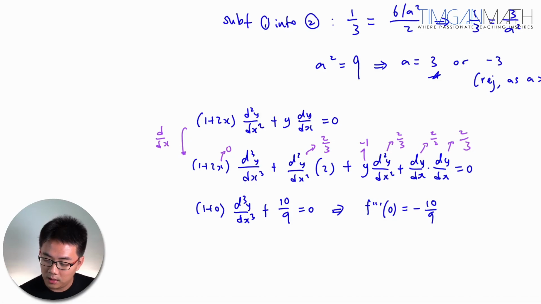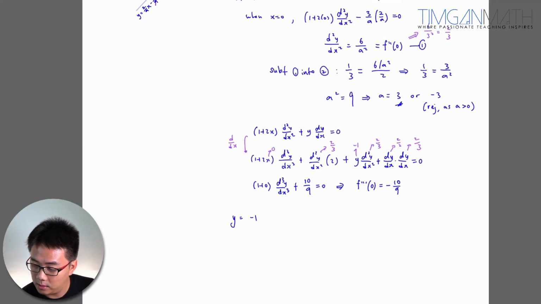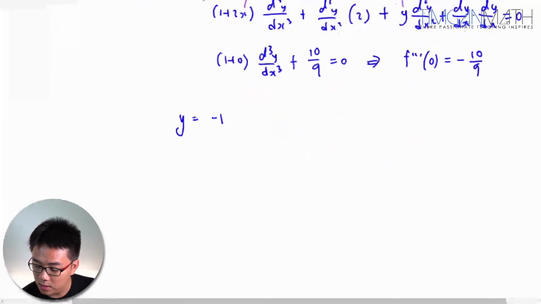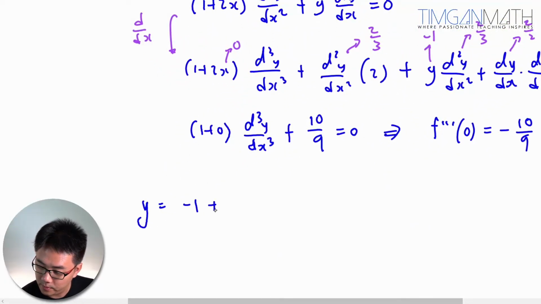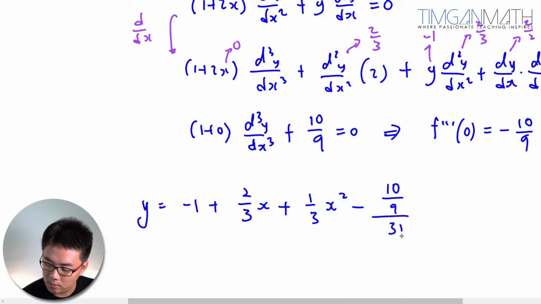So in other words, I'm going to sub in: y will be f 0, which is minus 1, so minus 1 plus 2/3 x, plus 1/3 x squared, minus 10 over 9 over 3 factorial times x cubed.